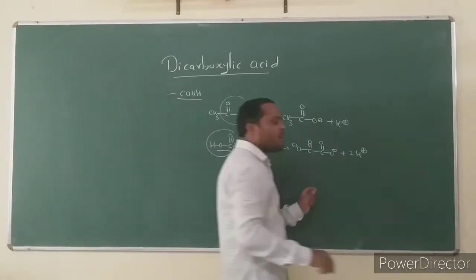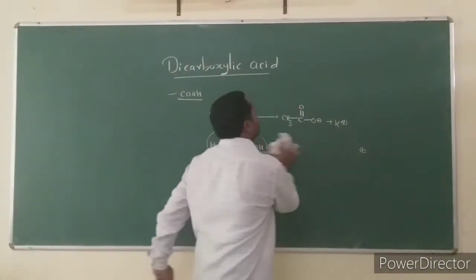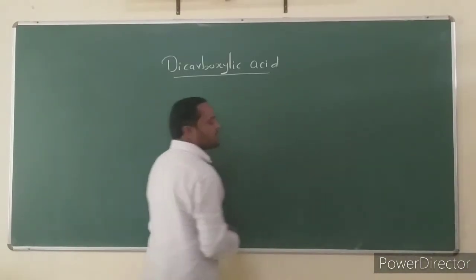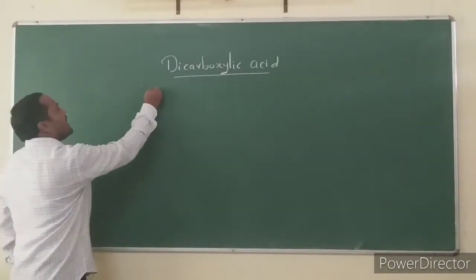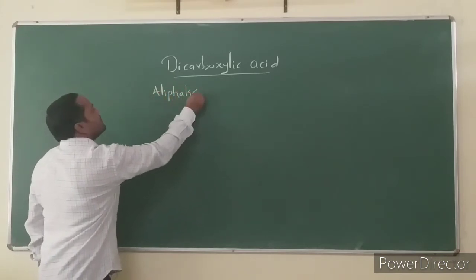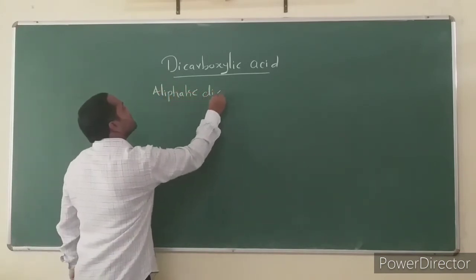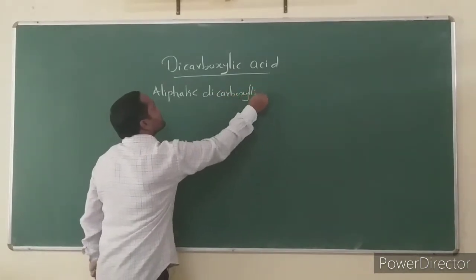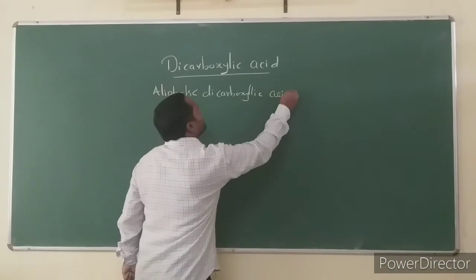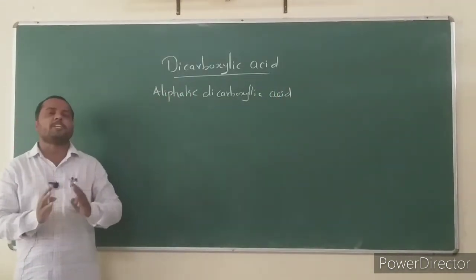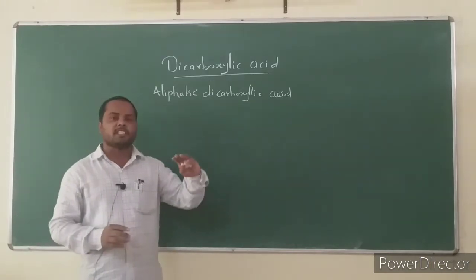Consider the first type of dicarboxylic acid, the aliphatic dicarboxylic acid. As the distance between the two carboxylic groups increases.